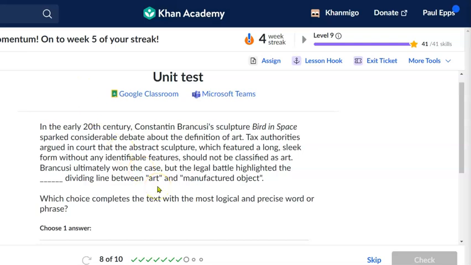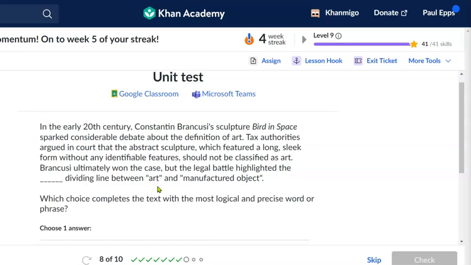In the early 20th century, Constantine Brancusi's sculpture Bird in Space sparked considerable debate about the definition of art. Tax authorities argued in court that the abstract sculpture, which featured a long, sleek form without any identifiable features, should not be classified as art.